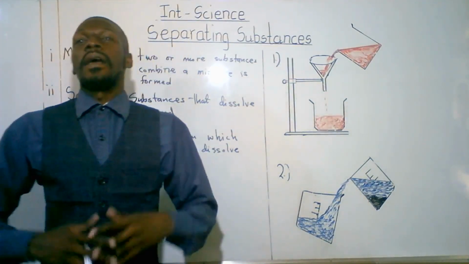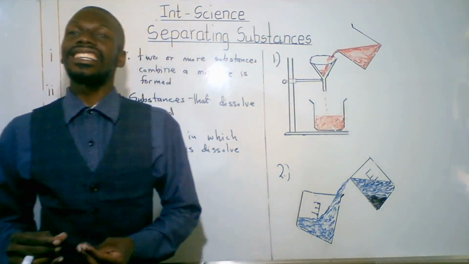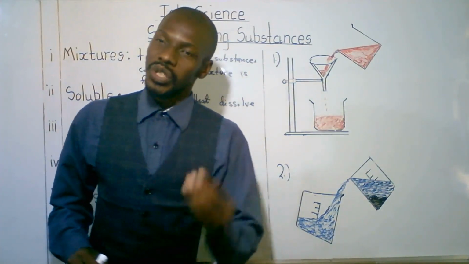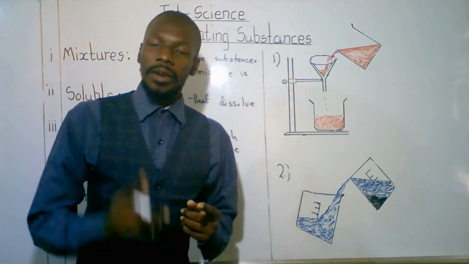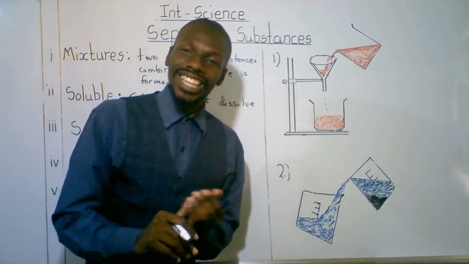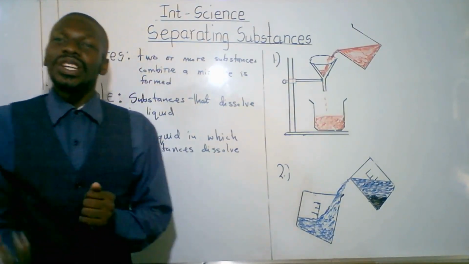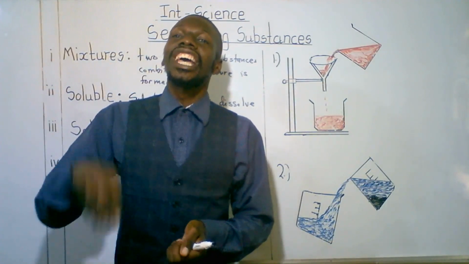When we put sugar in water, water is going to help that sugar to do what? To dissolve. When sugar dissolves in water, they form one thing, which we call a solution. A solution is what you obtain when a solute dissolves in a solvent.